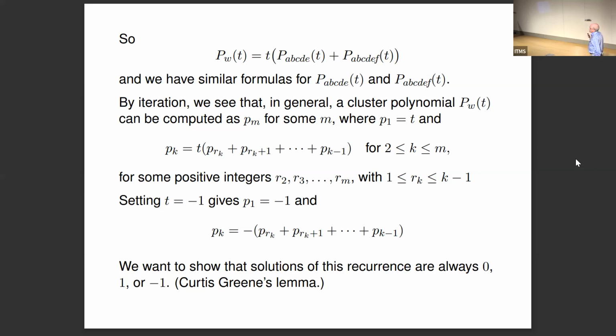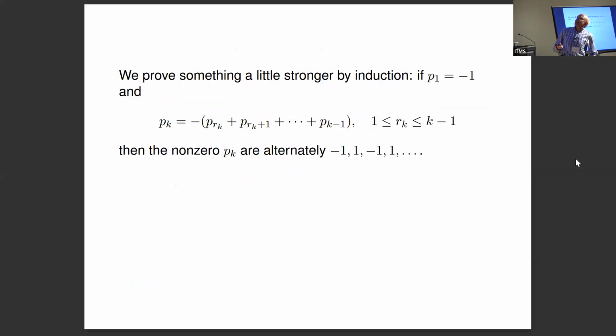To prove this, you have to prove something slightly more general, which you can prove by induction. But the slightly stronger statement is that the non-zero entries are alternately -1, 1, -1. The fact that the non-zero entries are alternating is what allows you to prove this by induction.